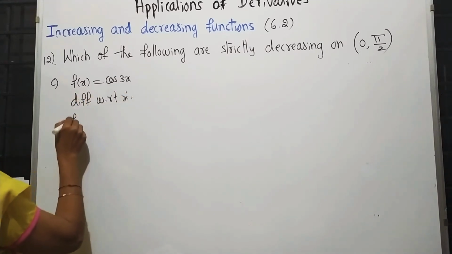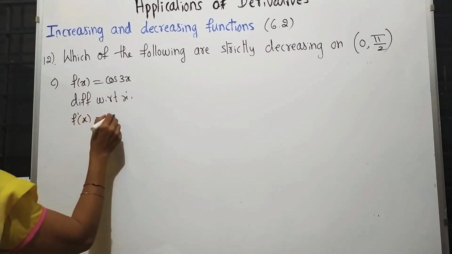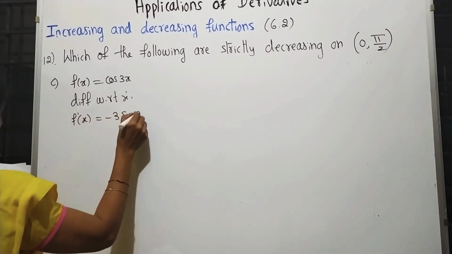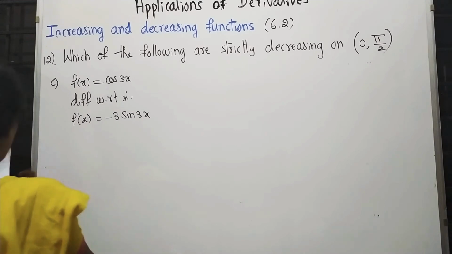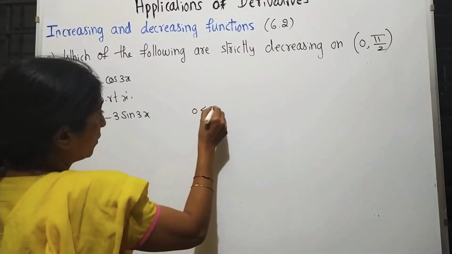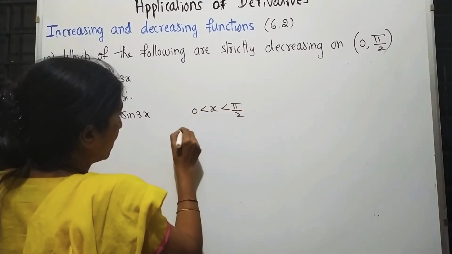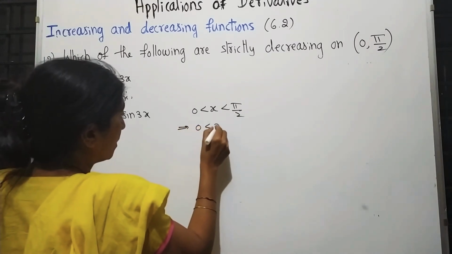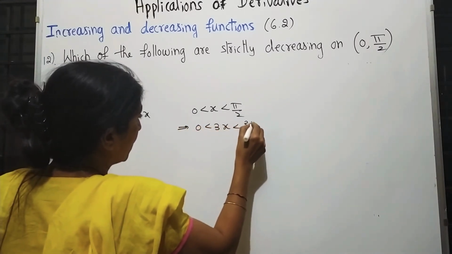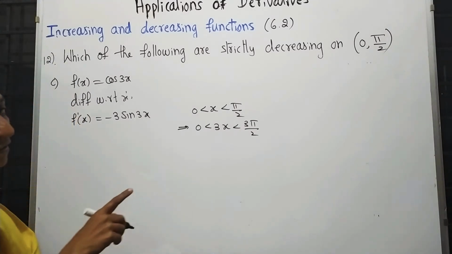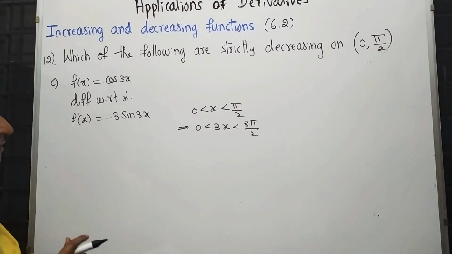Differentiating with respect to x, f dash of x is minus 3 sin 3x. And here x is in between 0 to pi by 2 implies 3x is lying between 0 to 3 pi by 2, that is 270. 270 means third quadrant.